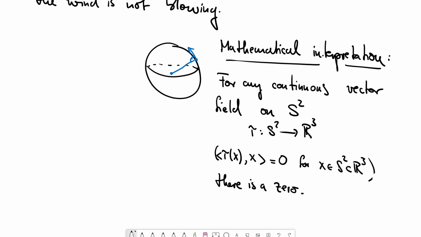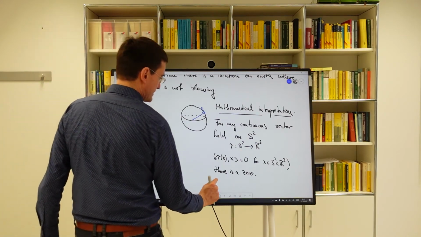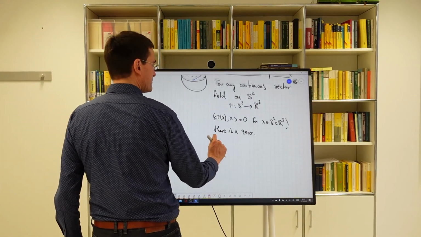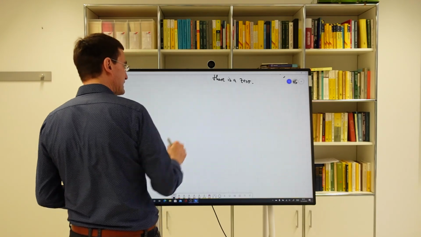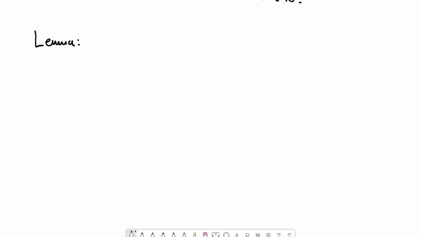We actually prove a more general statement also about higher dimensional spheres, not just about S2. To prepare this, I need a lemma about self-maps of the sphere. So we're looking at even dimensional spheres.